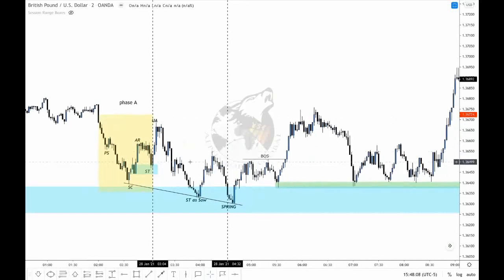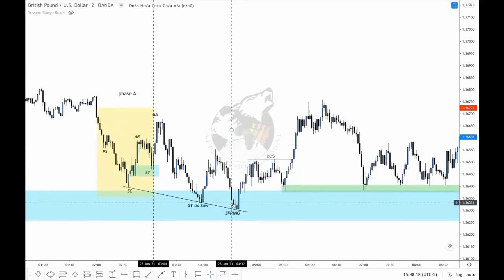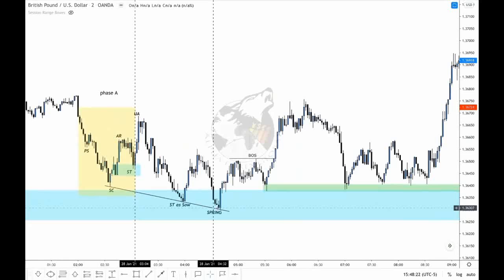Now after all of that liquidity is being built up, you have what is known as a spring, right? And this is what I like to see, because when I see the spring, I know that my entry is coming soon. Now if you look at this, the spring basically clears the selling climax and the ST, and if there were multiple STs, it would also clear all of them.